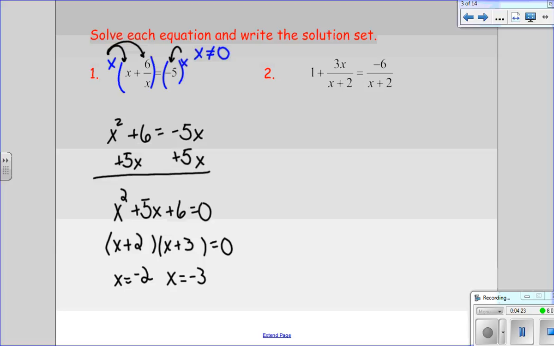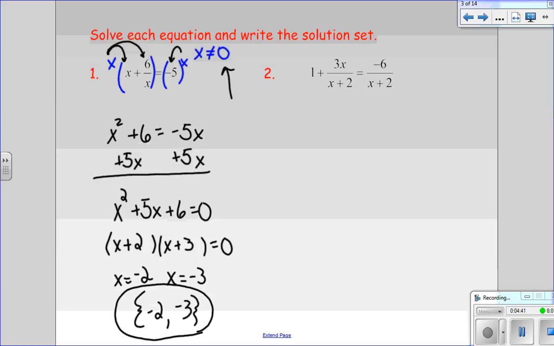So these are our solutions, negative 2 and negative 3. Before we finish, let's check to make sure that neither of them are restricted. So since 0 is the only restriction, both of these solutions could work.